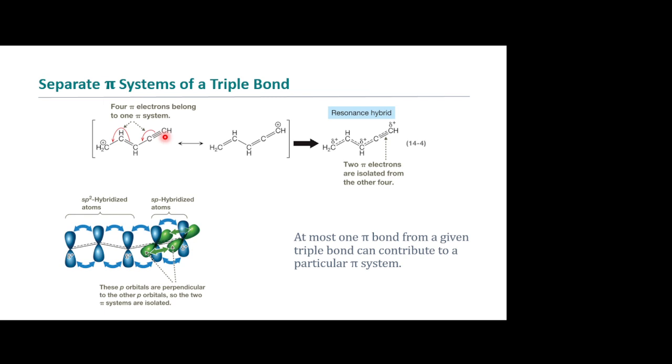All right, so this right here is going to be an example where we have the triple bond here that's going to form part of this pi bonding system. It's going to include a carbocation, a double bond, and one of the pi bonds from this triple bond, right? The one that overlaps, which is above and below, let's say. Now, this would be the actual resonance structure of that. Isn't that kind of interesting looking?